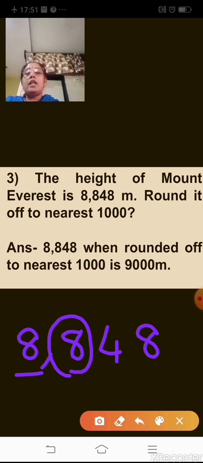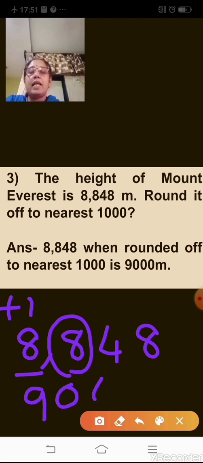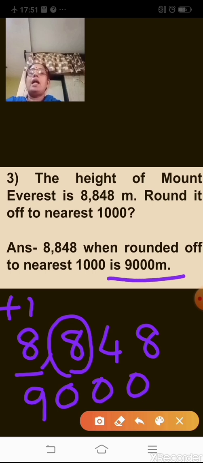Now the rule is, if the number is more than 5, that is 5, 6, 7, 8, what will you do? You will add 1 to the number in the thousands place. So your number will become 9, and for the rest of the numbers in the hundreds, tens and ones places, you will put a 0. So when you round off the number to the nearest 1000, your answer is 9000 meters.